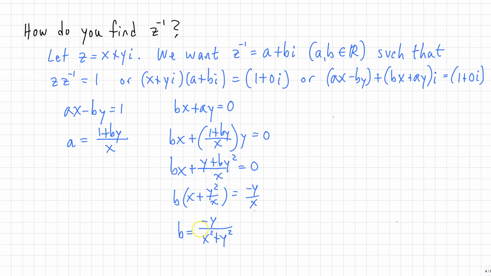So now I know what b has to be using only x and y. So this b, which is part of the multiplicative inverse, to come up with it, I only need to know what x and y are. Well, now that I know b, I can come back over here and figure out what a would be. So a equals 1 plus by over x. So I can plug this in for b over here. And we get a equals x over x squared plus y squared.